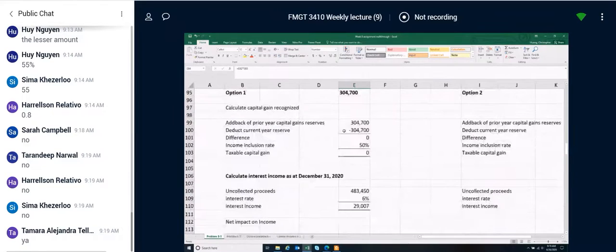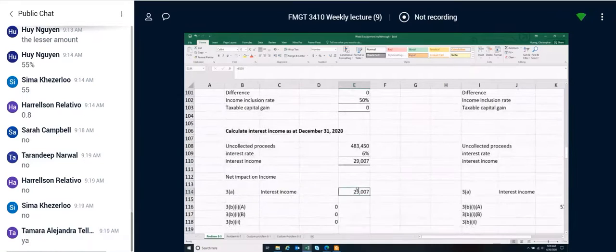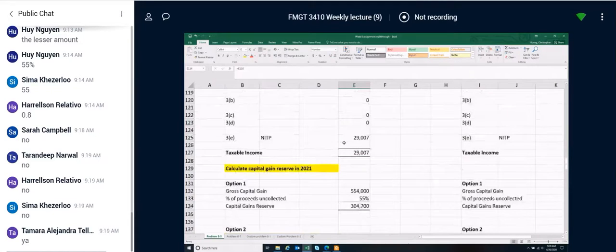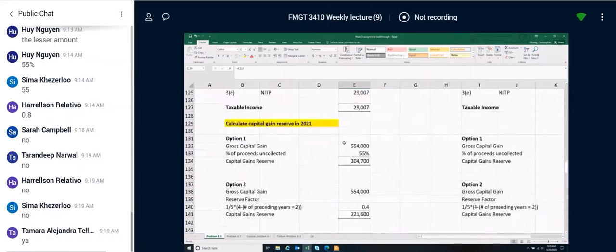Now let's add back prior year reserve and deduct our current year reserve. Oh, wait, the reserve hasn't changed, so there's no capital gain to recognize. Nothing happened in 2020. And again, interest is the same. So in 2020, you just have 29,007 of interest income to recognize.